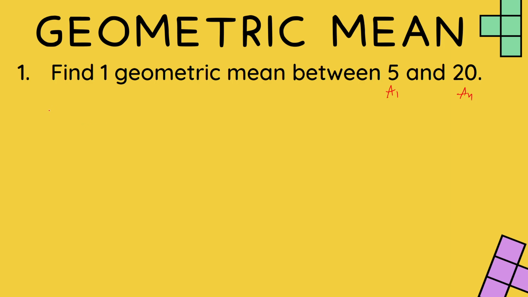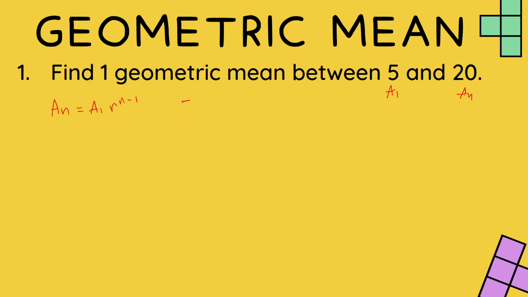So do not forget that the formula for the geometric sequence is a sub n is equal to a sub 1 times r raised to n minus 1. So we now try to identify the different missing terms that are here. So with the problem, we already know what is a sub 1.